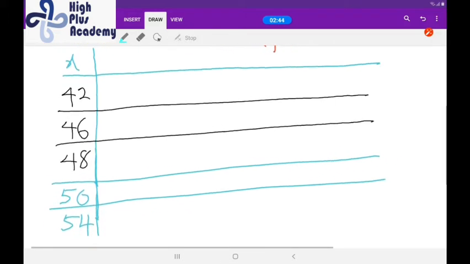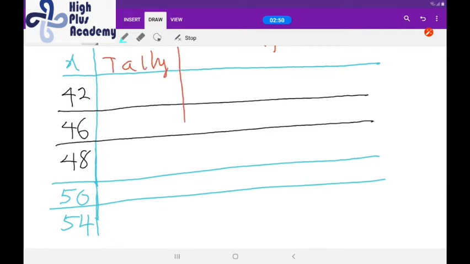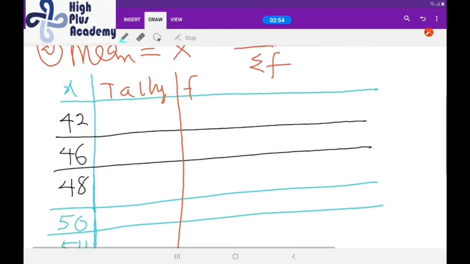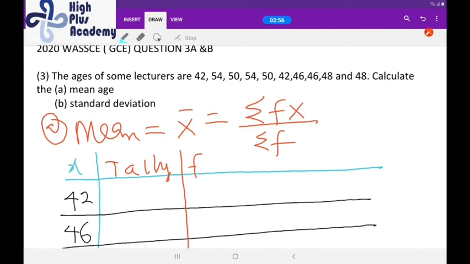We can quickly do what we call a tally, so that it will help you in the exam to know the ones you have counted. Then immediately we have the frequency. So let's move on from there. 42, how many 42 do we have there?